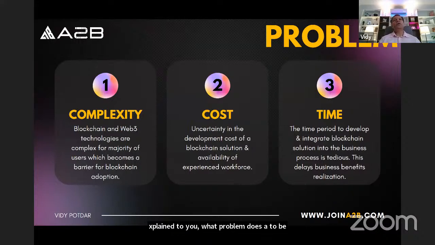The problem that A2B is solving for its customers, individual and corporate, is first, removing the complexity of using blockchain technology. Second, it is reducing the cost and the associated uncertainty before making a decision. And third is time, because with A2B, you can get onto a blockchain right now.